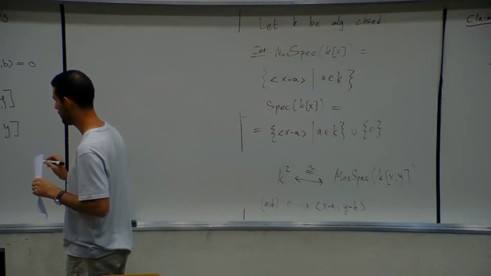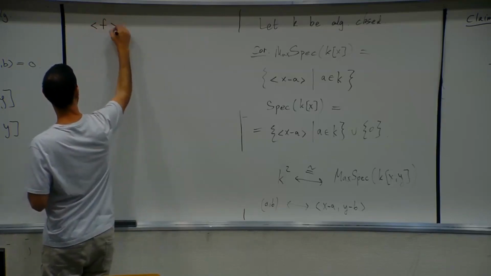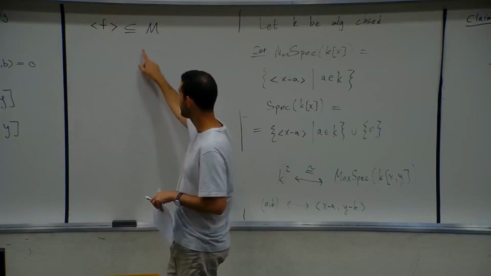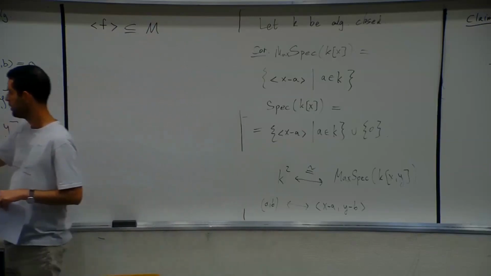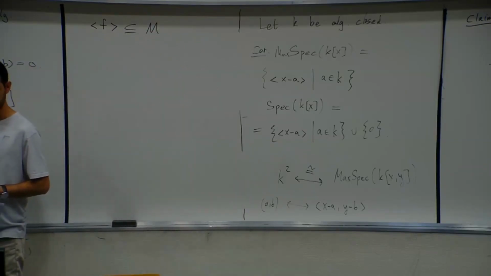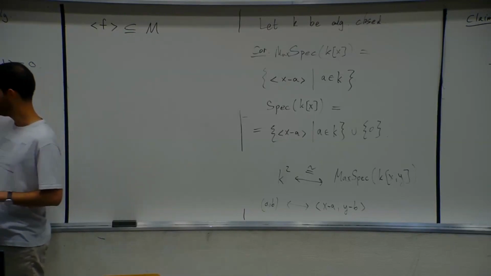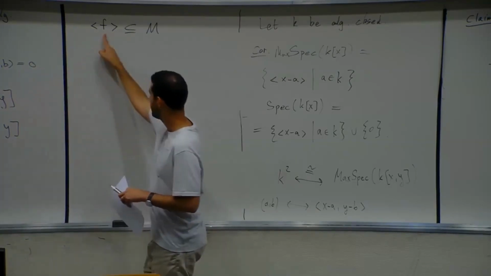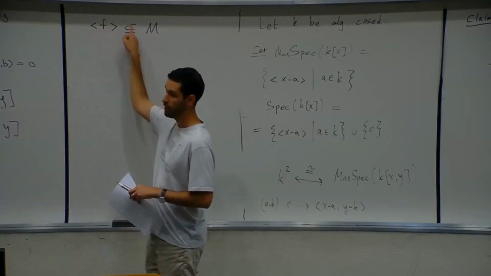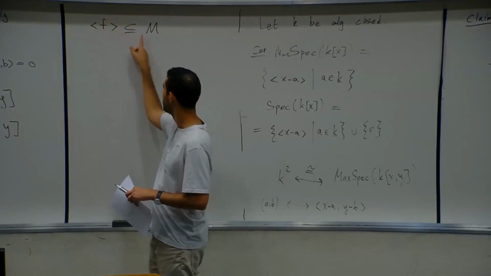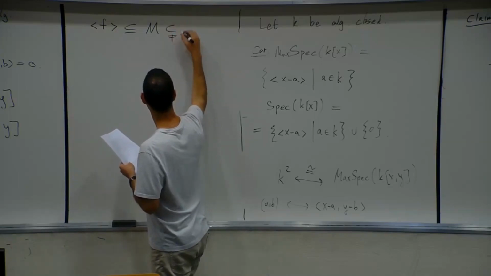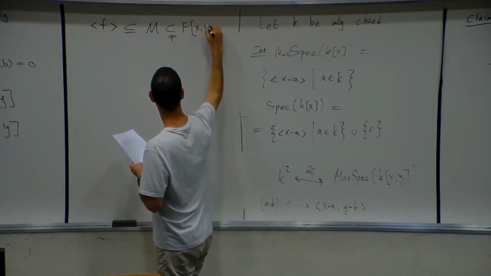Okay. So I claim that the ideal generated by f is contained in the ideal M. Why is that true? Well, f belongs to M bar, and f also belongs to F[x, y]. So f belongs to M, and if f belongs to M, then the ideal generated by f is also contained in M, and M is a proper ideal of F[x, y].